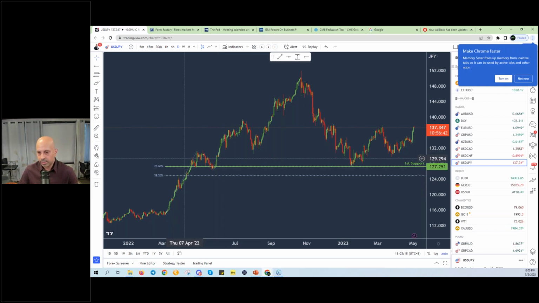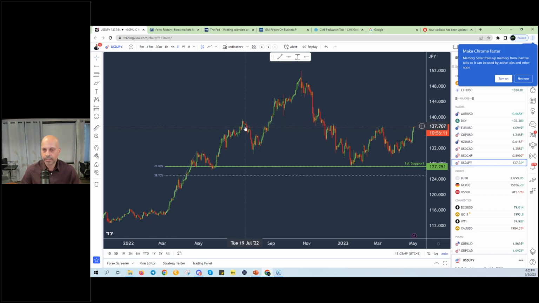So you can see where technical analysis combined with the fundamental picture of monetary policy divergence is able to help us identify the longer term trends, find support at various levels, and then to go long again, for example, as we expect the divergence to continue, right?